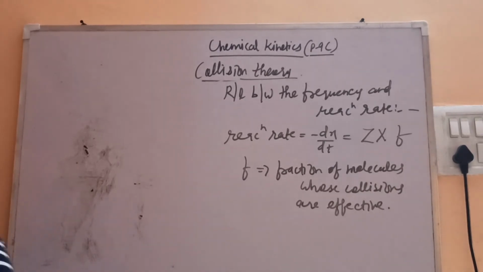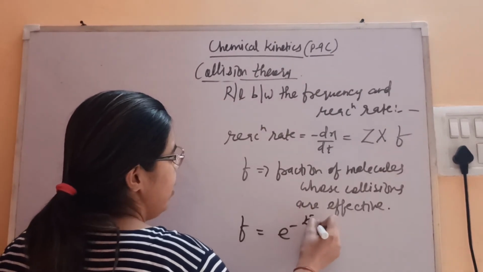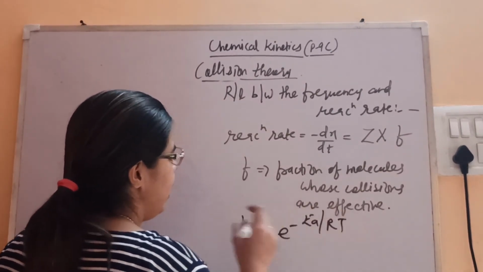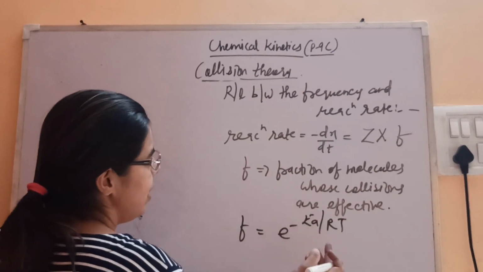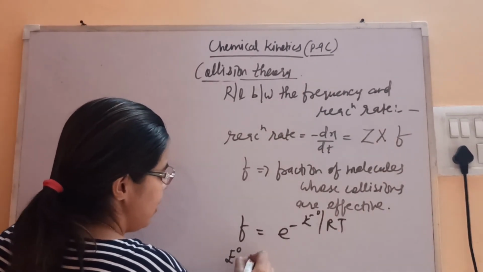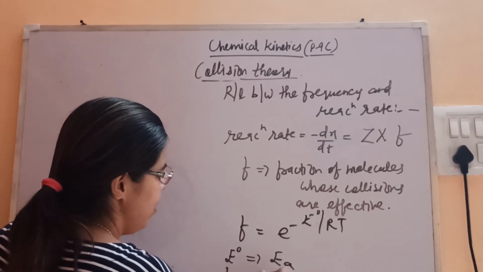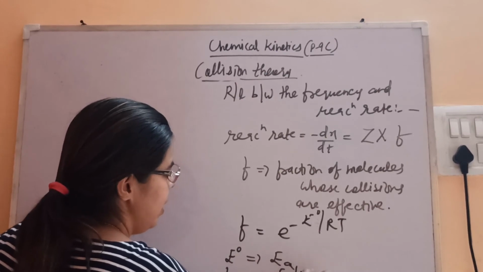Now this F at a particular temperature is e raised to the power minus Ea by RT. In some cases, E naught is equal to Ea only. So F is equal to e raised to the power minus Ea by RT.